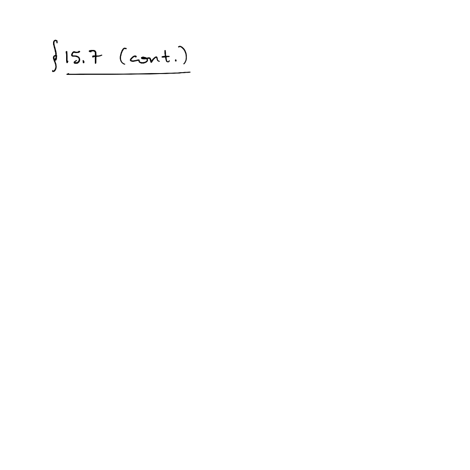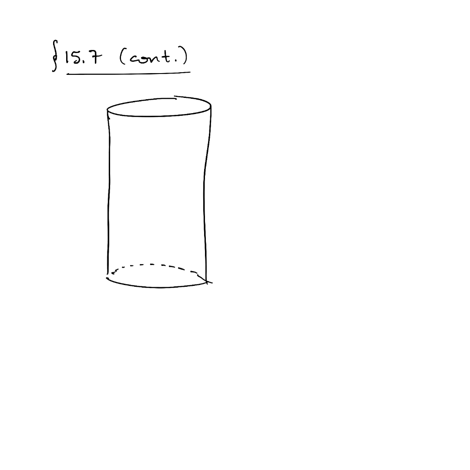Okay, so imagine this picture. You got a cylinder like this. So right off the bat, because we said the word cylinder, maybe we have cylindrical coordinates on our minds.